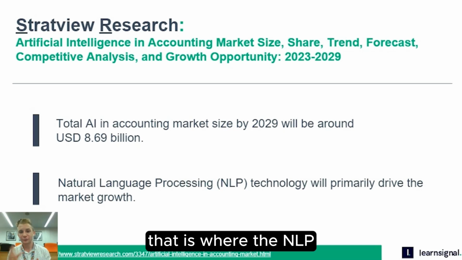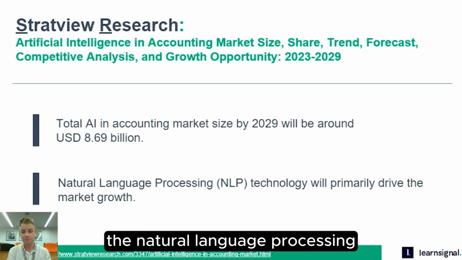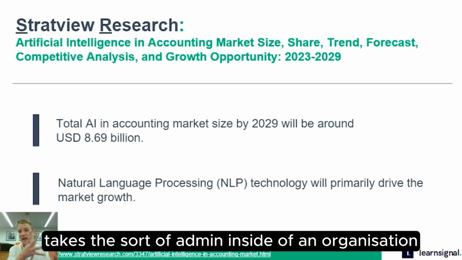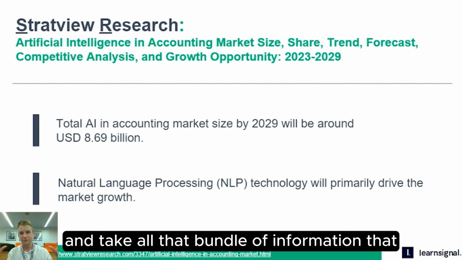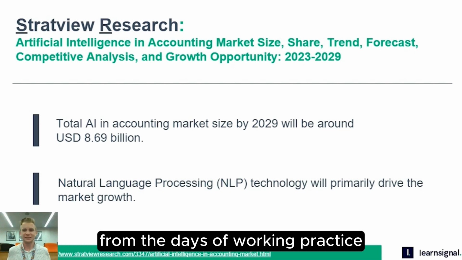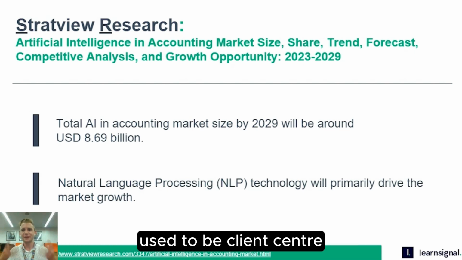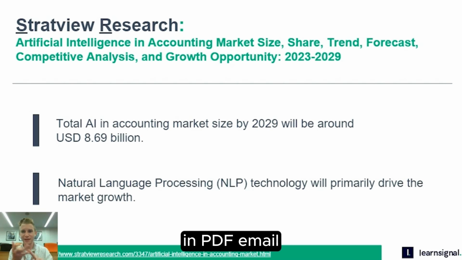That is where the NLP, the natural language processing, takes the admin side of an organization and can look to automate it, taking all that bundle of information that, from the days of working in practice, used to be client-centered stuff in Word, in PDF, email, all the rest of it.